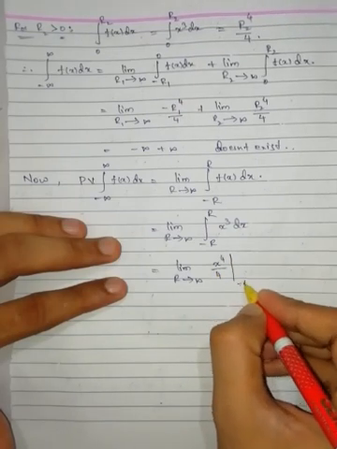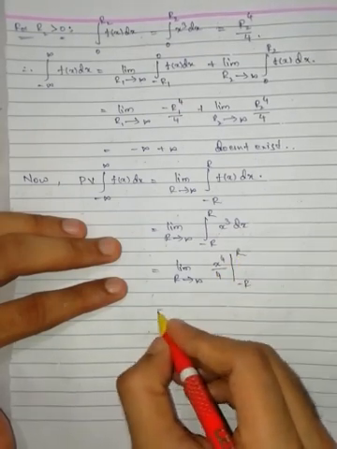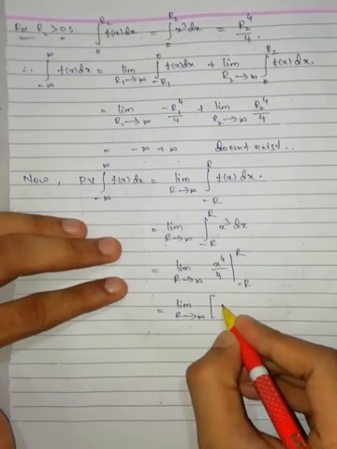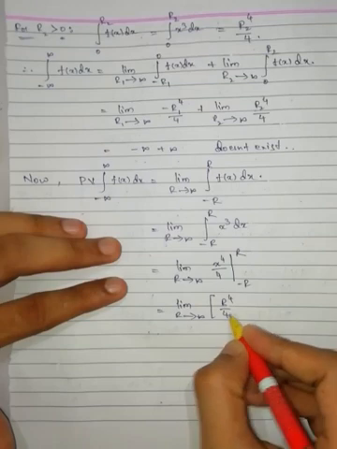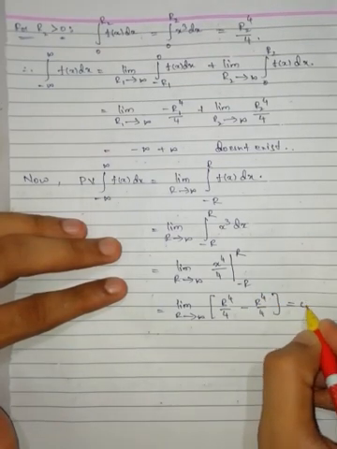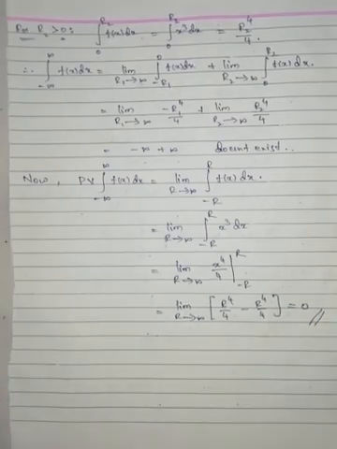Apply the limits. You will get limit r tends to infinity r to the power of 4 by 4 minus r to the power of 4 by 4, which is equal to 0.